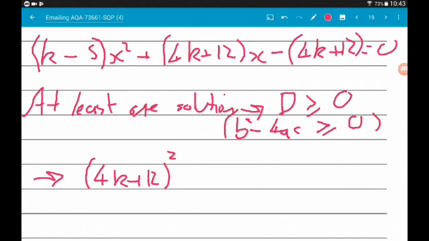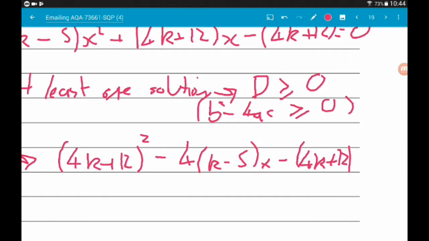And then we've got minus 4 lots of (k minus 5) times (minus 4k plus 12). And again, we know that is greater than or equal to 0.